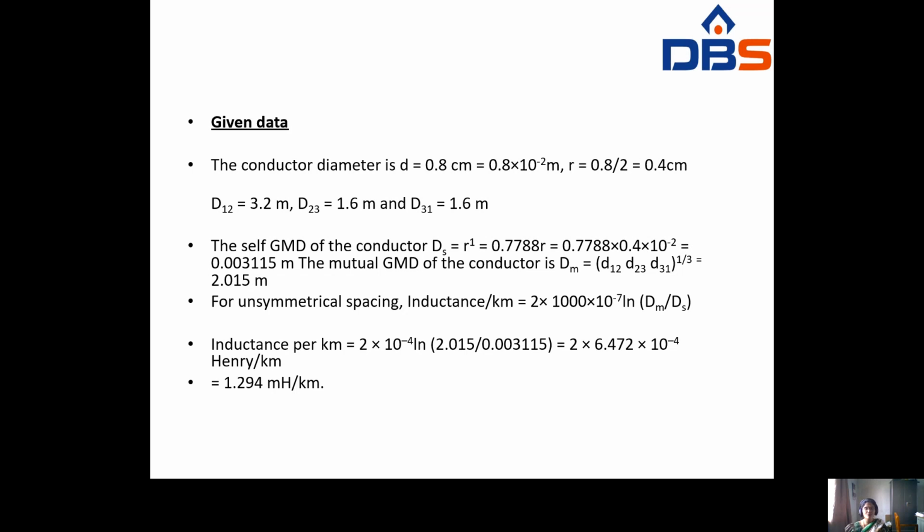But this is unsymmetrical spacing, so we need the mutual GMD of the conductor. The formula is Dm, the cube root of D12, D23, D31.